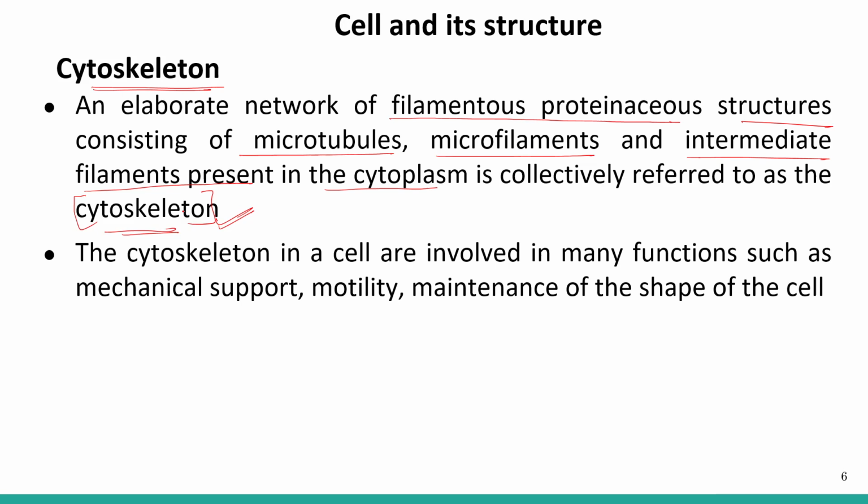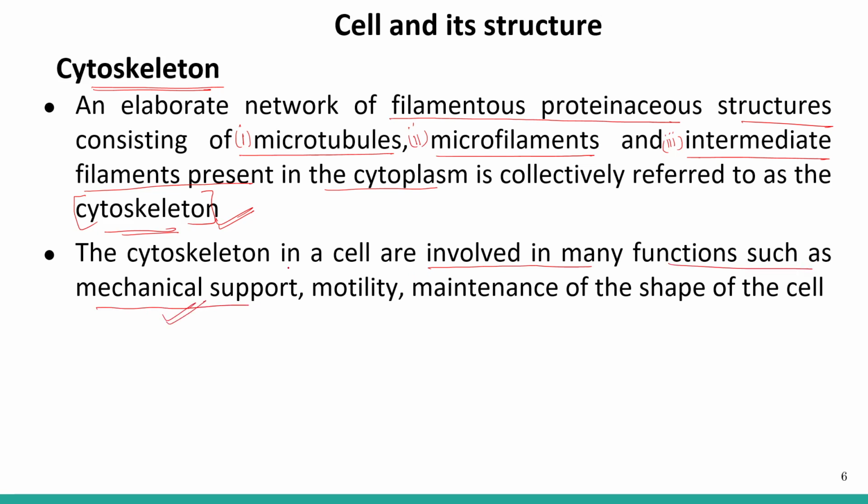So there are three different types of filamentous proteinaceous structures. Number one is microtubules, number two microfilaments, and the third one is intermediate filaments.